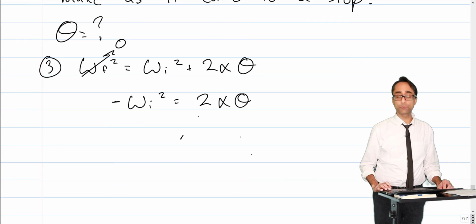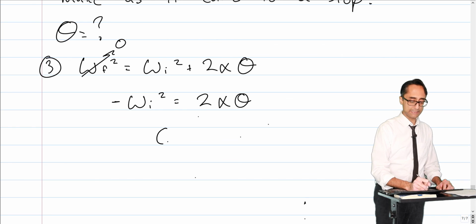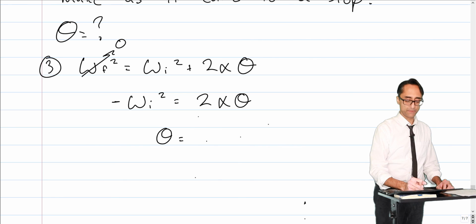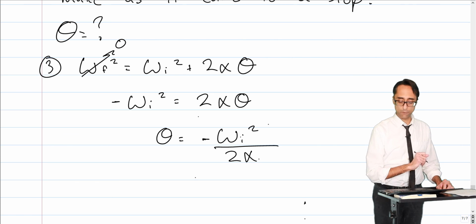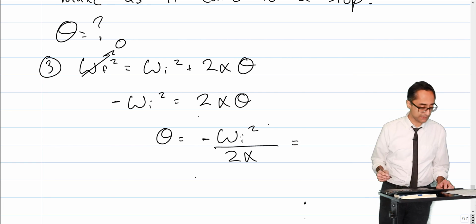And so I just have to divide through by theta. Super easy. The algebra is like an easy one-dimensional problem. So we just have theta equals negative omega initial squared, all divided by 2 times alpha. That's it. Throw those values in, see what you get.